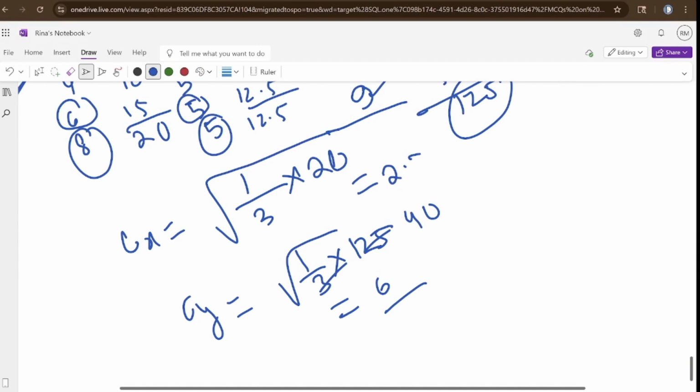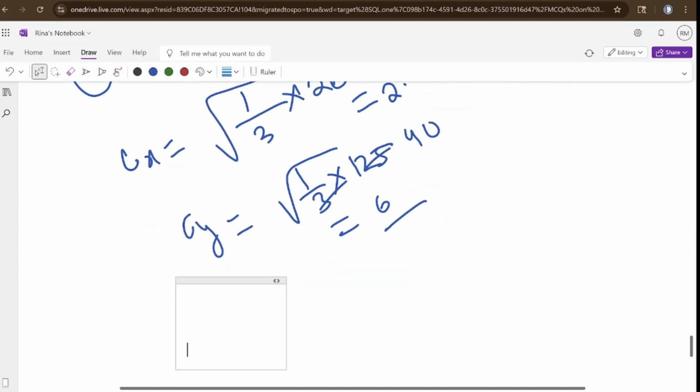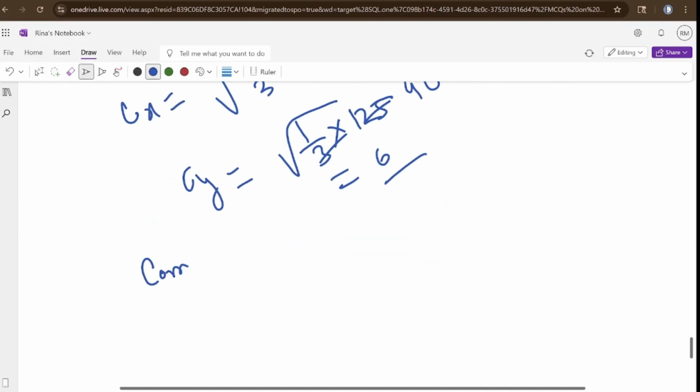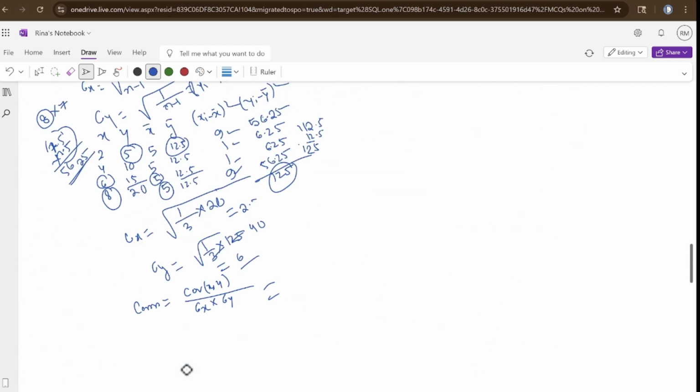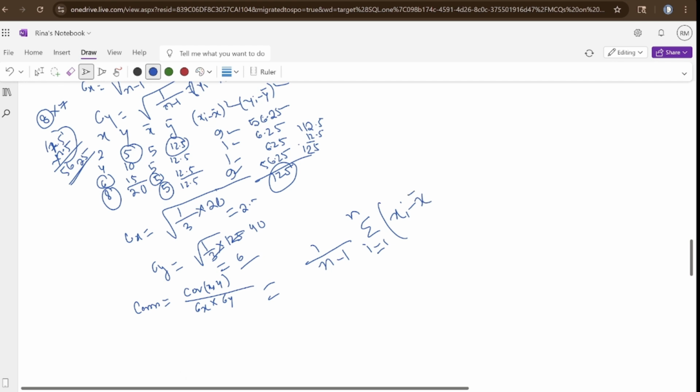So if we write the complete formula, correlation equals covariance divided by sigma x into sigma y, right? The formula of covariance is 1 by n minus 1 times the sum from i equals 1 to n of (xi minus x bar)(yi minus y bar), divided by sigma x into sigma y.